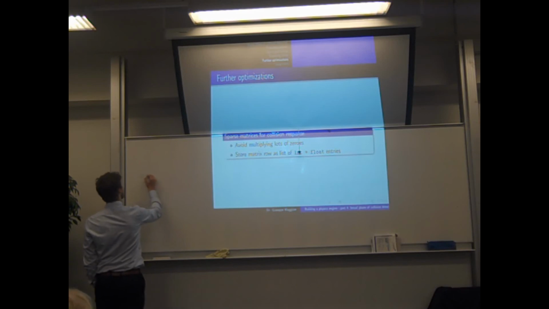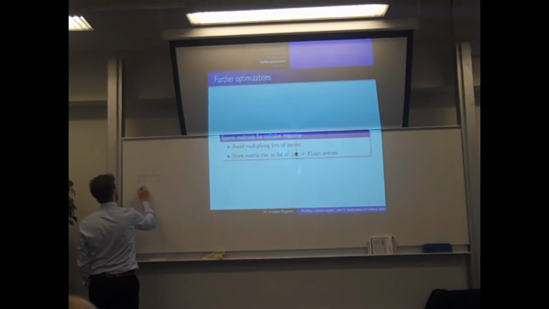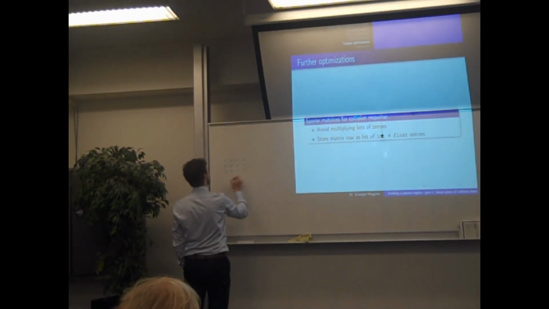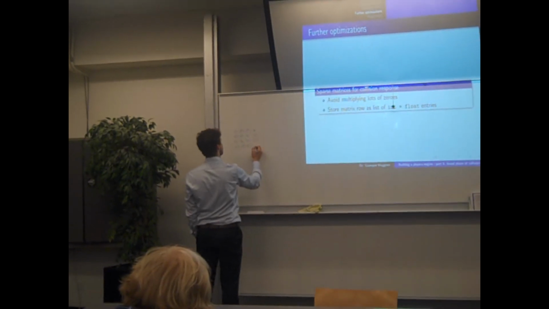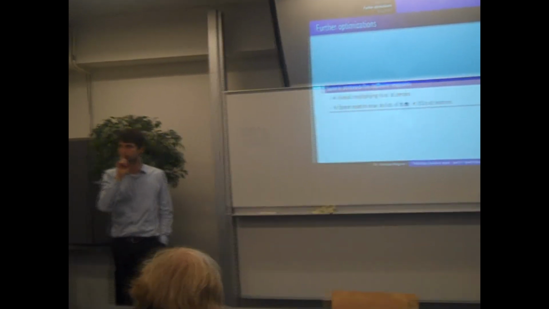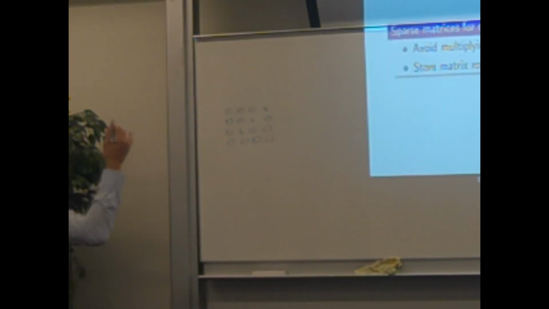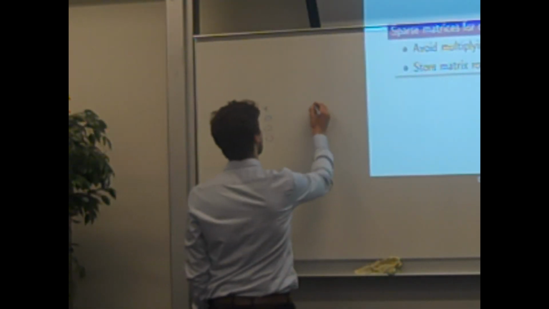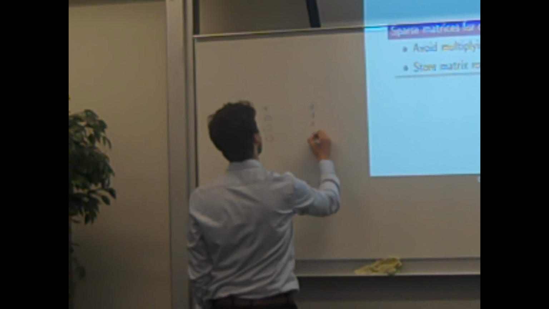Okay, so this is your matrix: 0, 1, 0, 0, 2, 0, 0, 3, 0, 0, and 0, 0, 0, 0. Now, imagine you want to multiply this matrix by a vector. What vector? 1, 1, 1, 1.